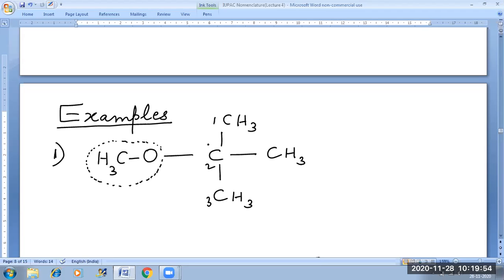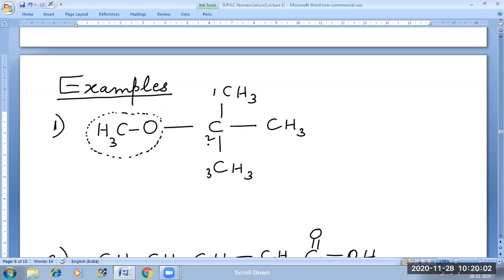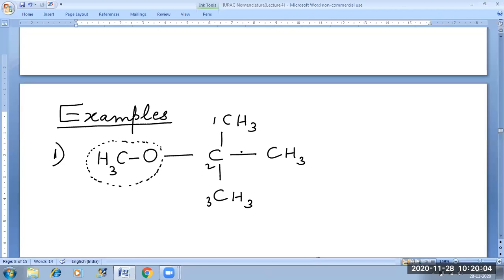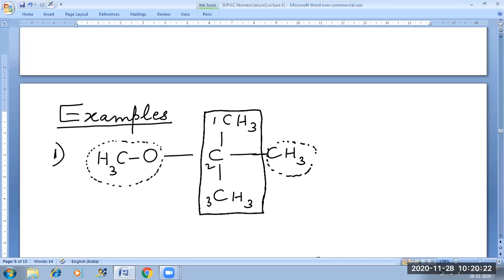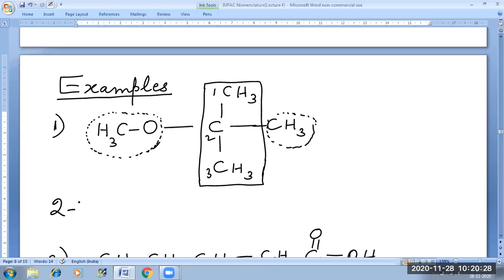So I will name this compound normally. This becomes my longest chain of carbon atoms, 1, 2, 3. At the second position, I have this as a substituent. So I can say the name will be 2-methoxy.